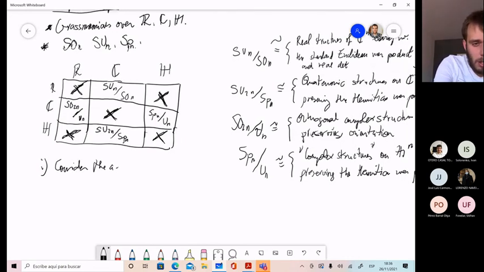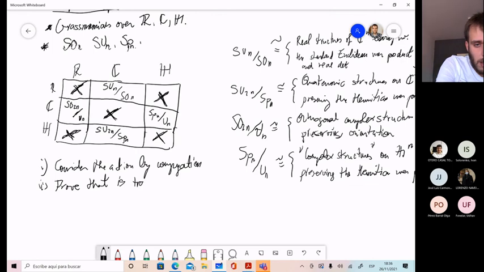Then prove that it's transitive. And then what you have to do is compute the isotropy at some well-known element.